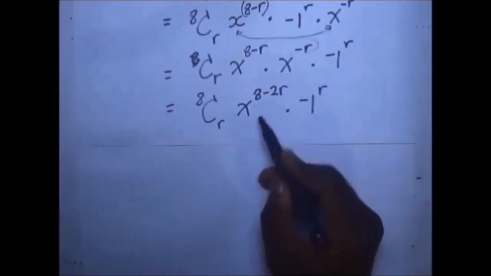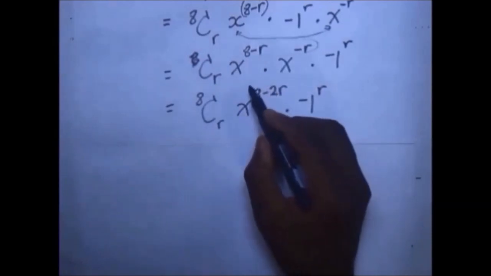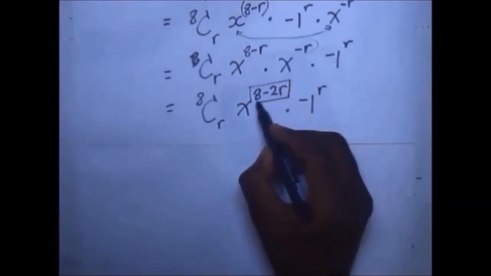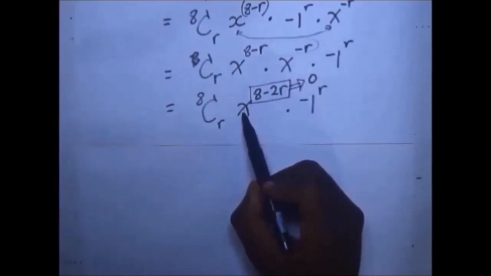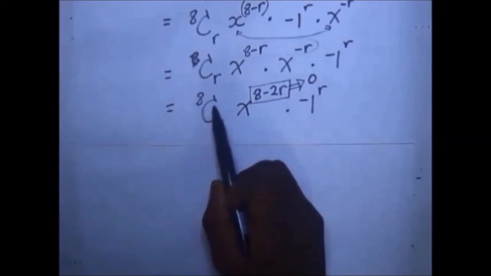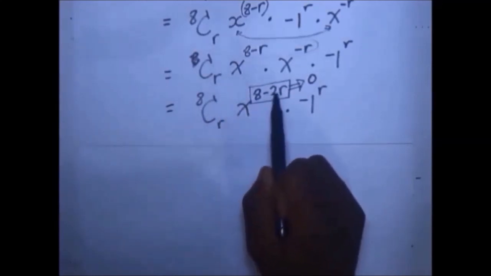Now the question is telling us that we need to find the constant term of this expression. For us to be able to get the constant term, this power of x should be equal to 0, because any number to the power 0 is 1, and that is how this x disappears. So for us to know the coefficient of the constant term in that binomial expression, this should be equal to 0.